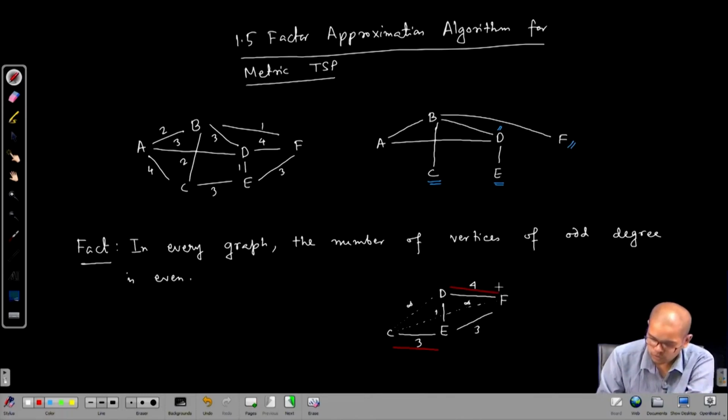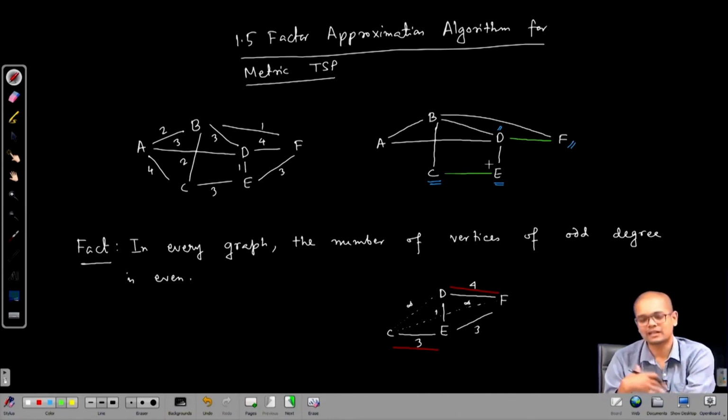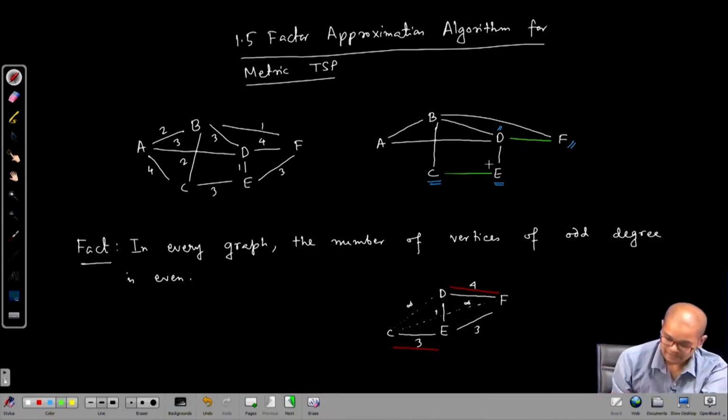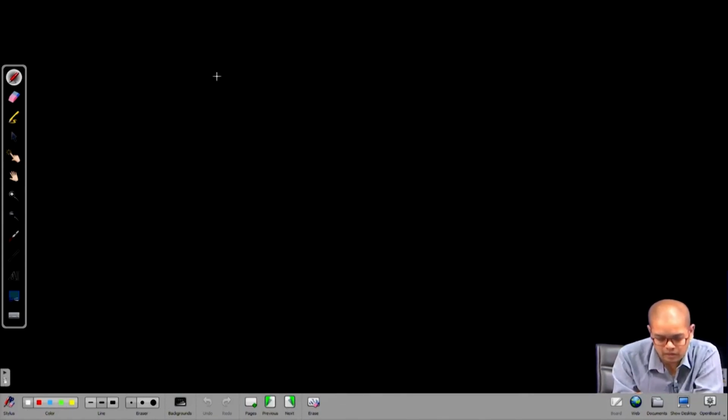Okay. So, next I add these edges in this tree. So, I add the edge DF and the edge CE. Now, after adding the edges, you see that the degree of the vertices of odd degree has increased by 1, and hence after adding, all the vertices will have even degree. Okay. And next what we will use is what is called an Eulerian tour.